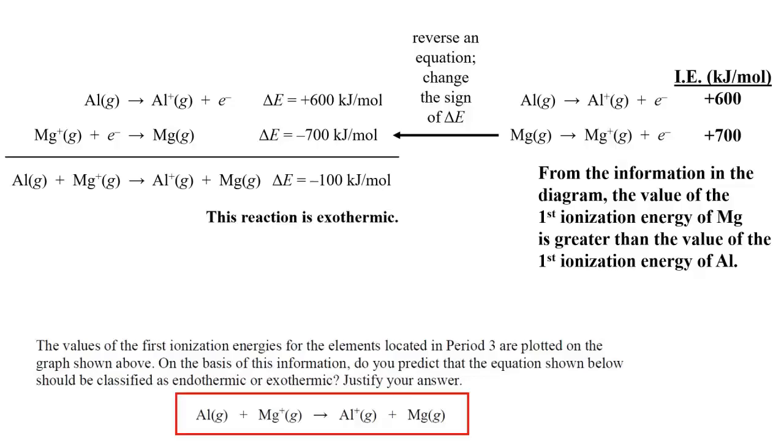So this reaction, the one that I was given in this question, is an exothermic reaction. So it's based on Hess's law, and hopefully you can see that we got a negative change in energy for the overall equation, which is why it is an exothermic process.